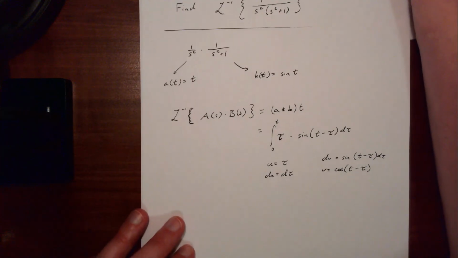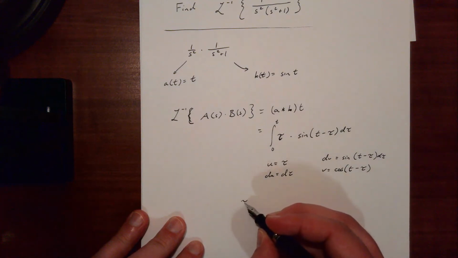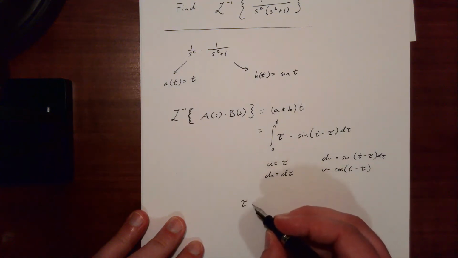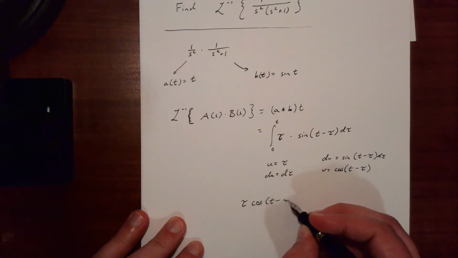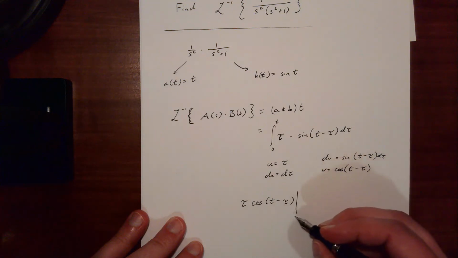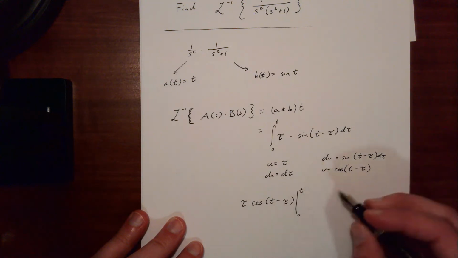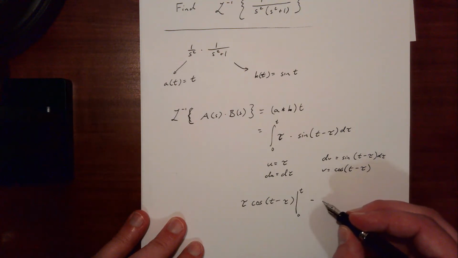And so what does that leave us with? It leaves us with tau cosine of t minus tau. And this will be evaluated from 0 to t, and then minus the integral of v du.